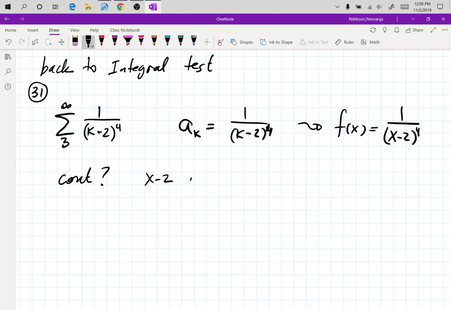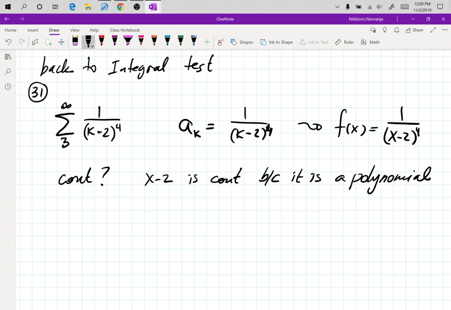x minus 2 is continuous because it is a polynomial.